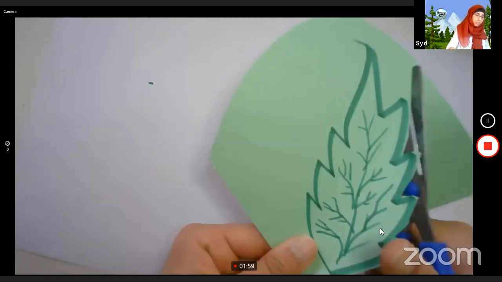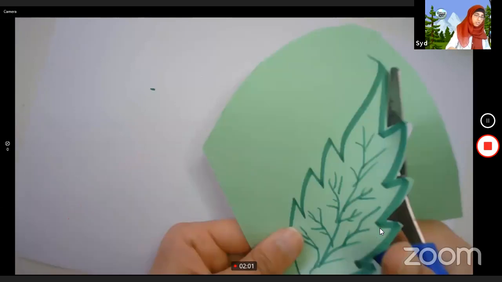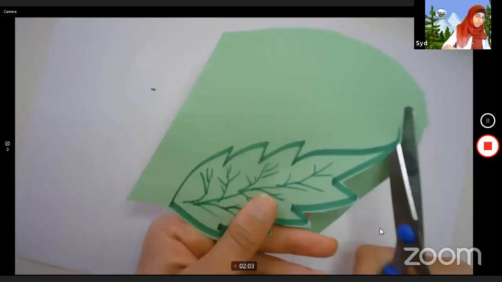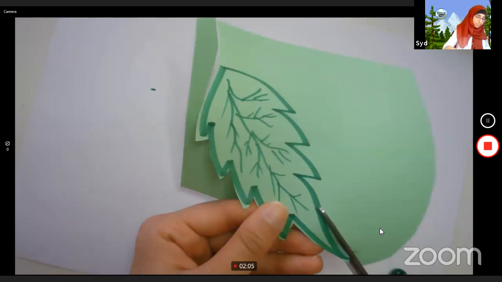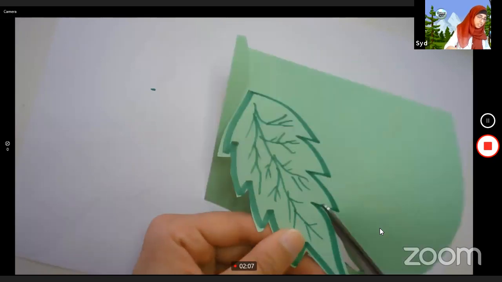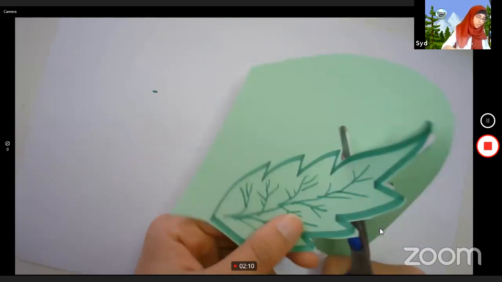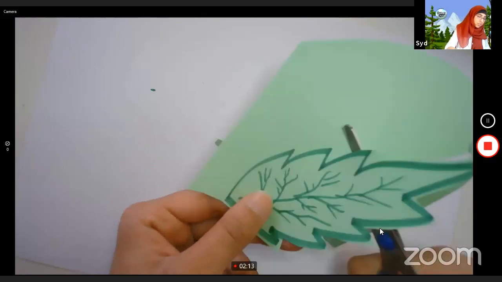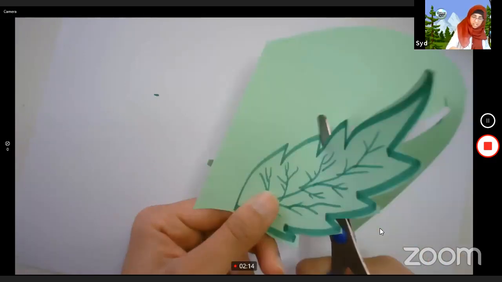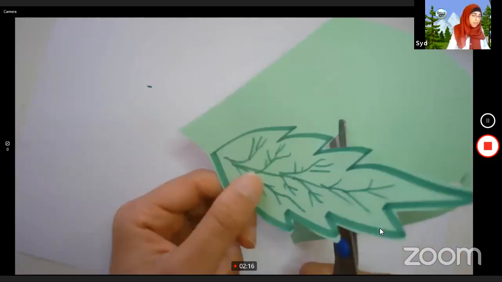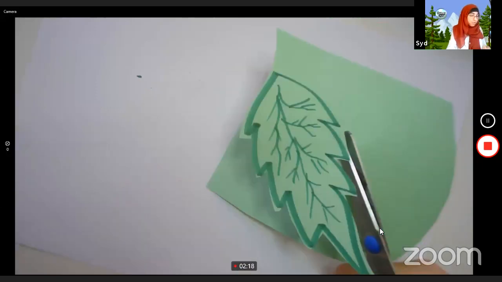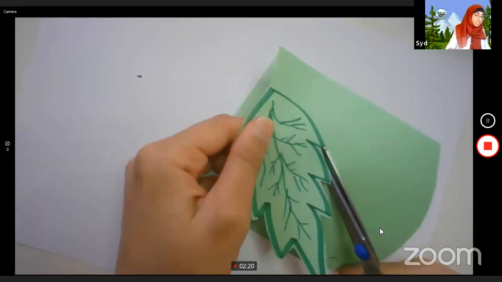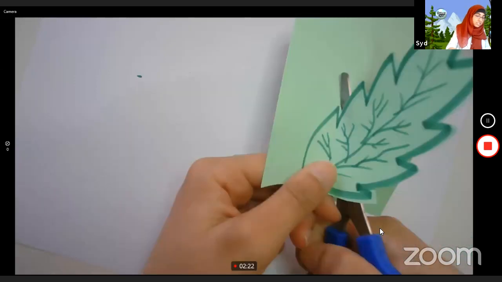Okay, so if you've done work on cells before, especially those of you that did the science camp with me, you'll know the difference between plant and animal cells. Cells are the things which make up all living things. They're the basic units for living things.